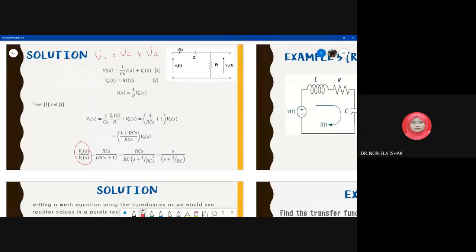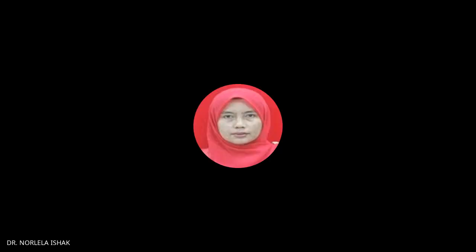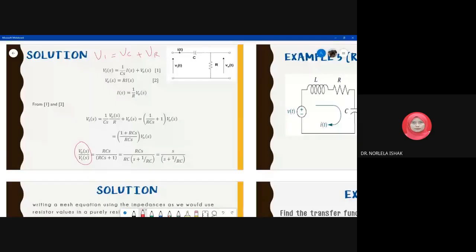From here, we define the impedance for the capacitor and the relationship with capacitor voltage, and then the impedance for the resistor. Is our VR equal to V naught? Yes, our resistor voltage equals the output voltage, right? Yes, equation 1.